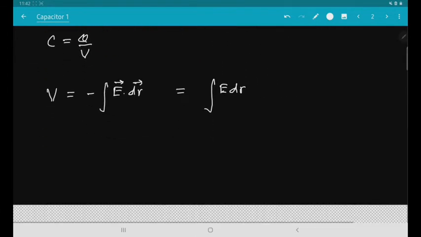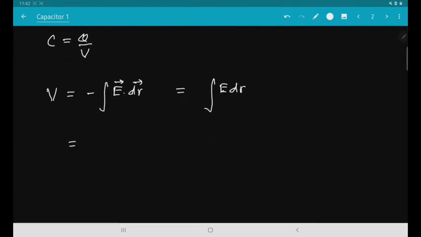So here we can find the potential by integrating from x equals 0 to x equals d. Now see, 0 to d is in the direction of the field, so I can take the positive sign.